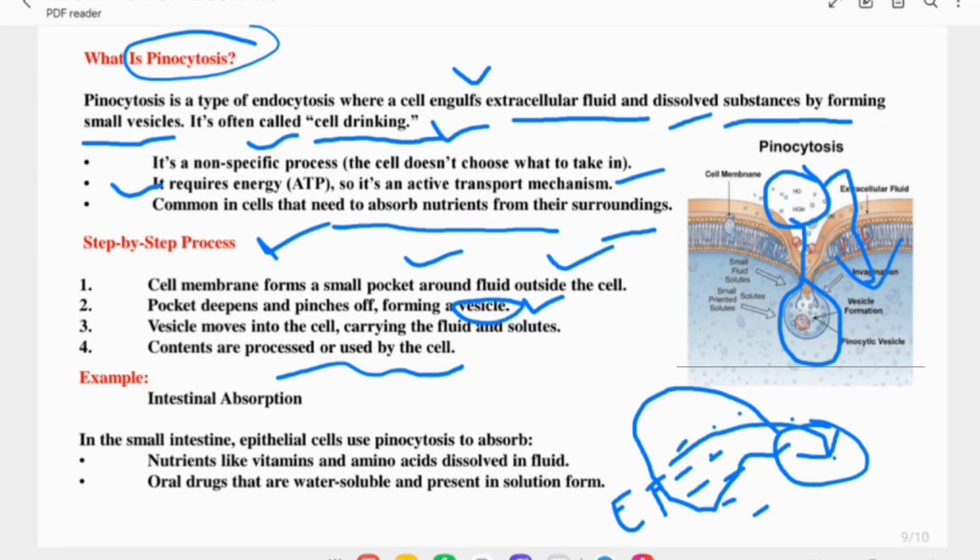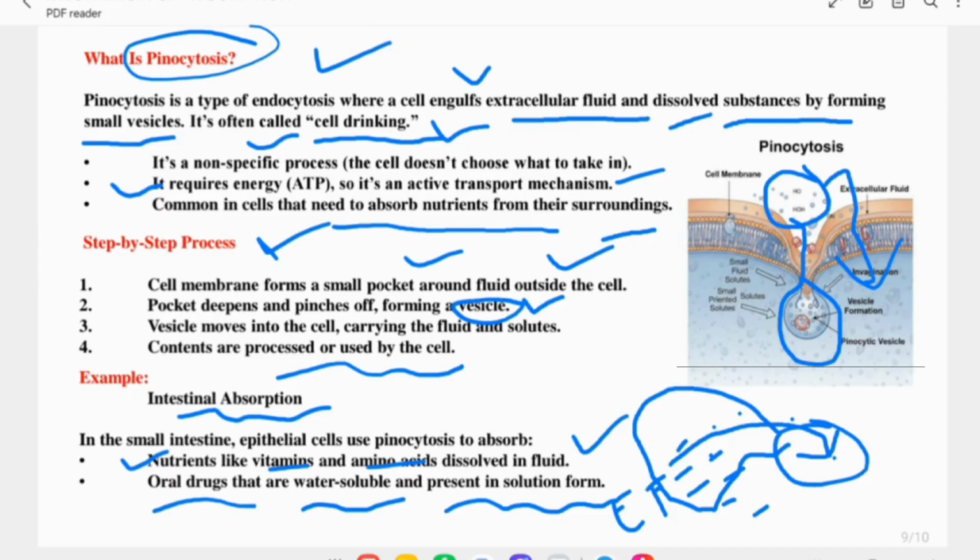In this type we can see the example of intestinal absorption, especially nutrients like vitamins and amino acids which are dissolved in the fluid, and oral drugs which are water soluble and present in solution form, are absorbed by this type of mechanism, that is pinocytosis.